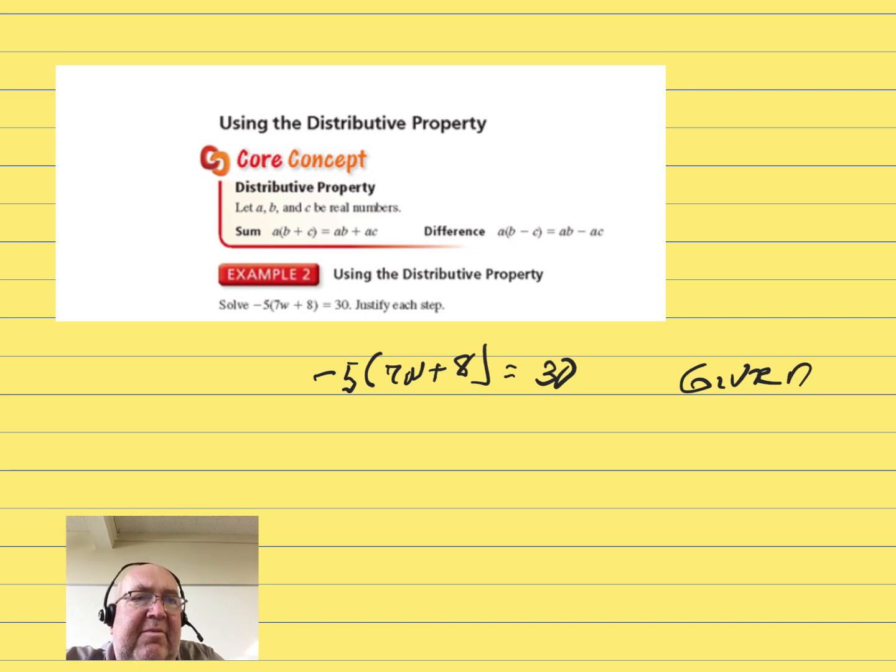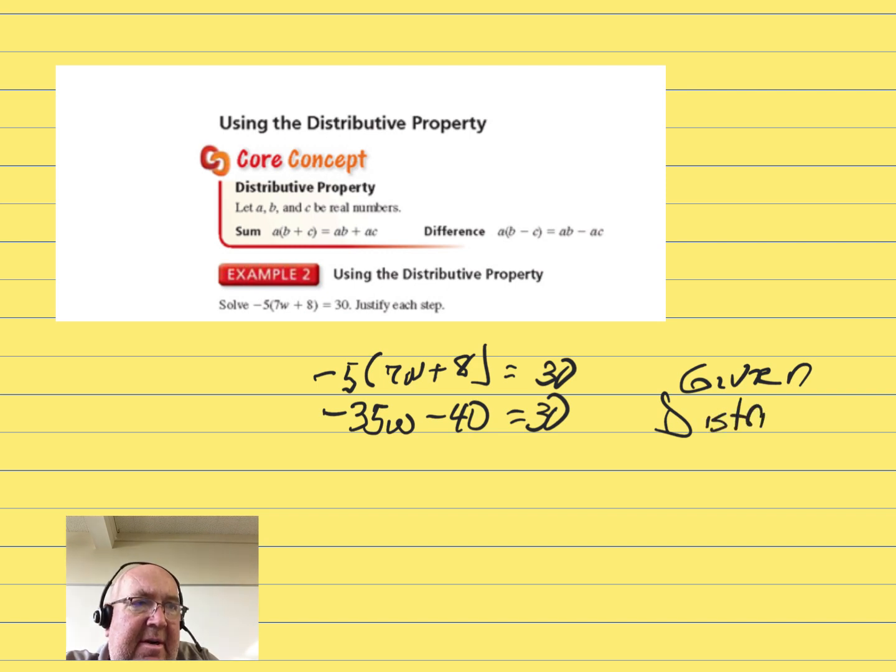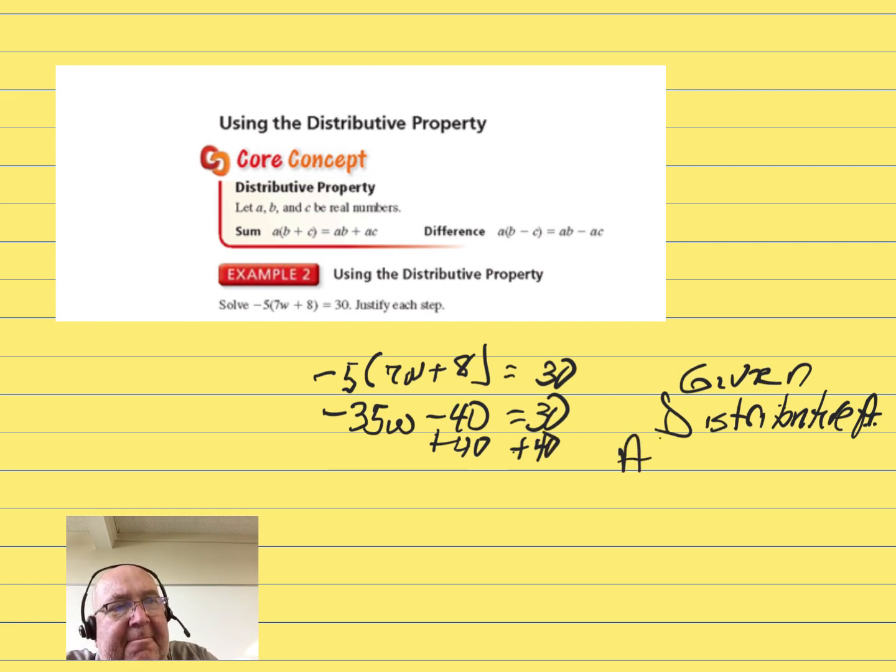We're going to multiply by negative 5. We get negative 35w minus 40 equals 30, and that's the distributive property. Again, we're going to add 40 to both sides of the equal sign. That's the addition property.